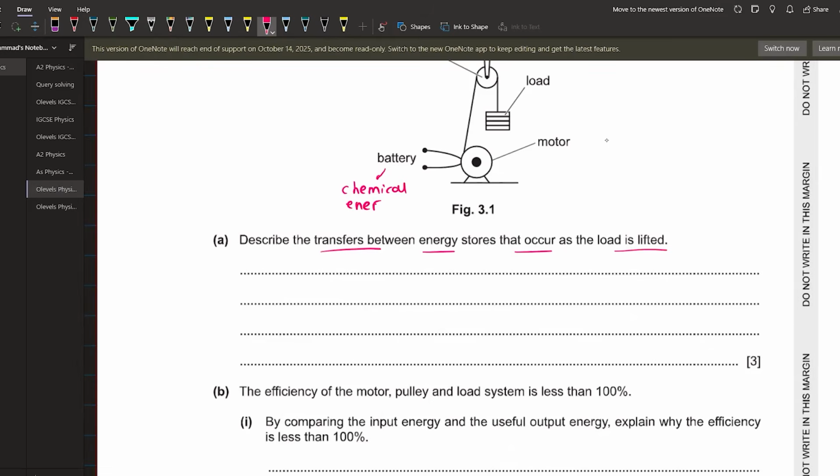So this is a 3 marker question. You will probably have to mention 3 types of energies. First of all, battery की chemical energy gets converted into what? Gets converted into electrical energy of the motor.